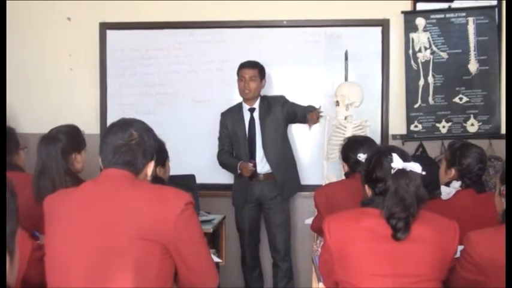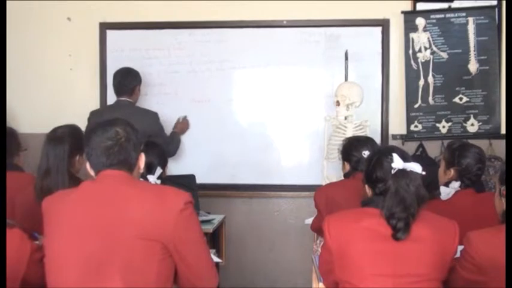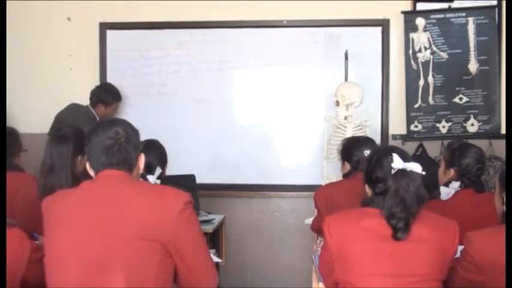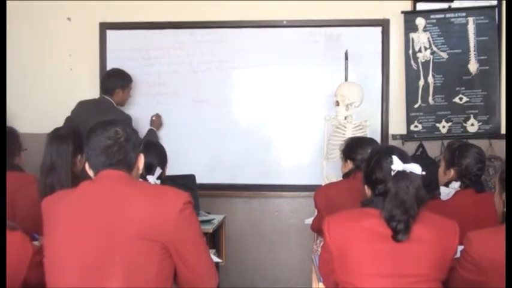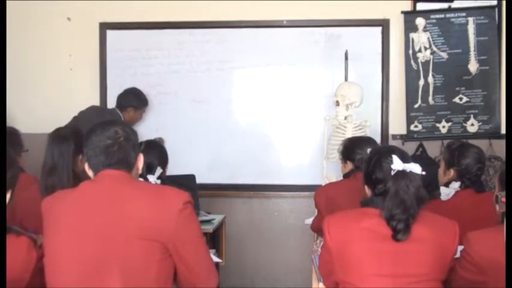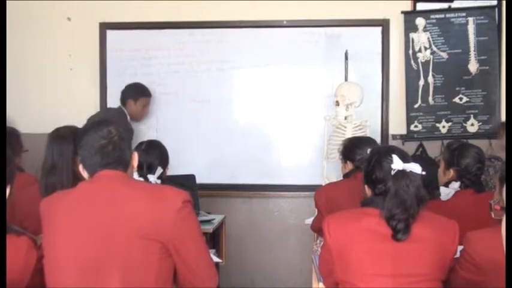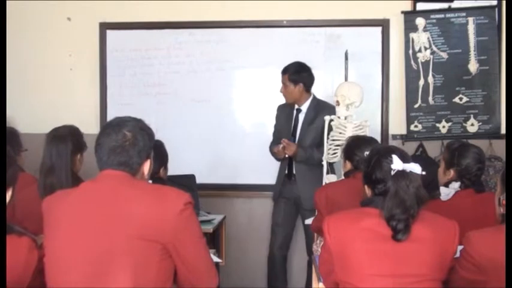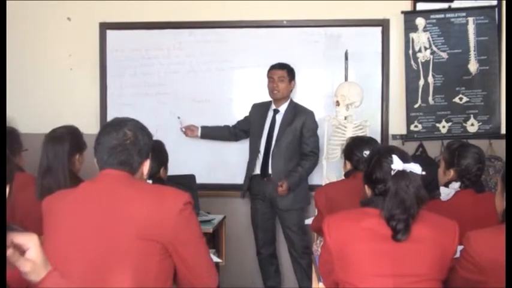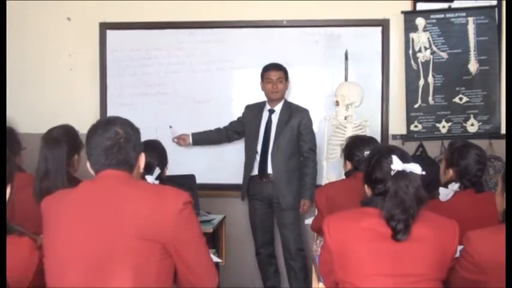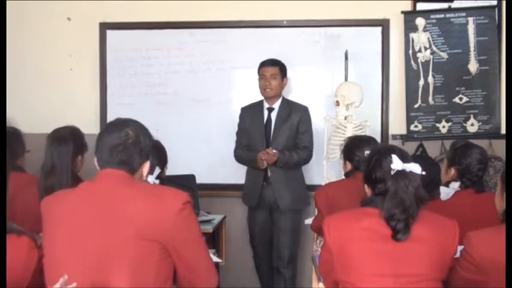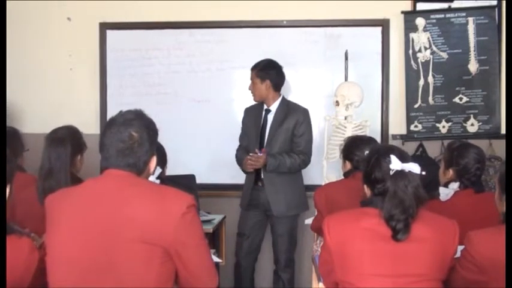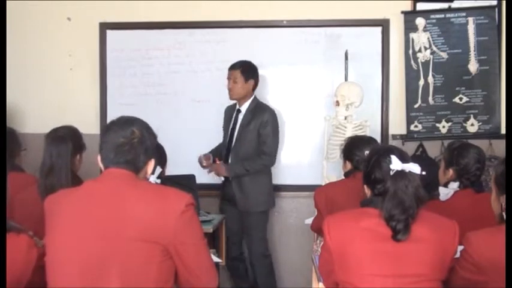Now let's go to face. Our face also has multiple bones, and I have given the combination for that. Combination will be VILPNZMM. Now let's see what this stands for.